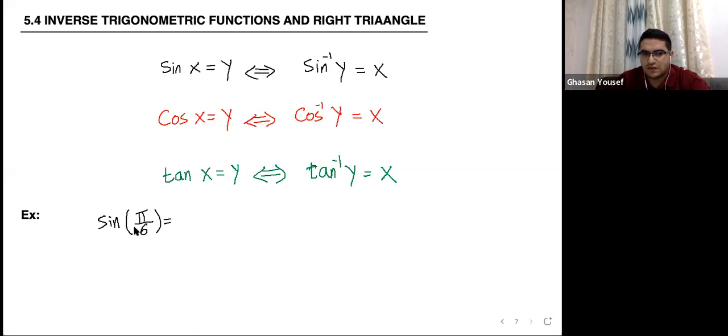So the sine of pi over 6 is the same as the sine of 30, and the sine of 30 is 1/2. If you take the inverse for both sides, you will get sine inverse of 1/2 is the same as pi over 6.